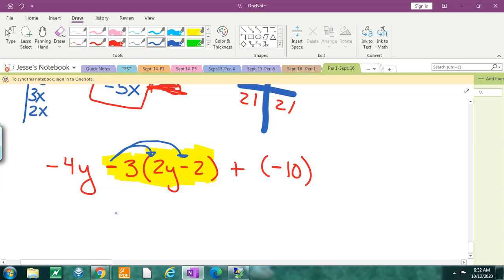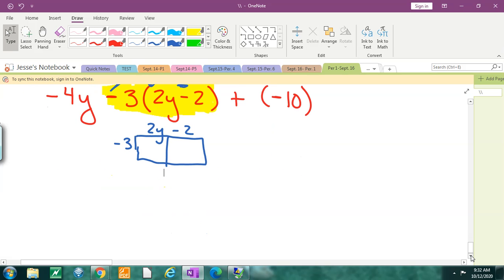Well, anyway, I like doing this, -3 times 2y minus 2. I like doing that because then I could see the sign, and it's a -2, okay? So the first one: negative times positive, because it's this length, which is -3 times the 2y, okay? So that's -6y.